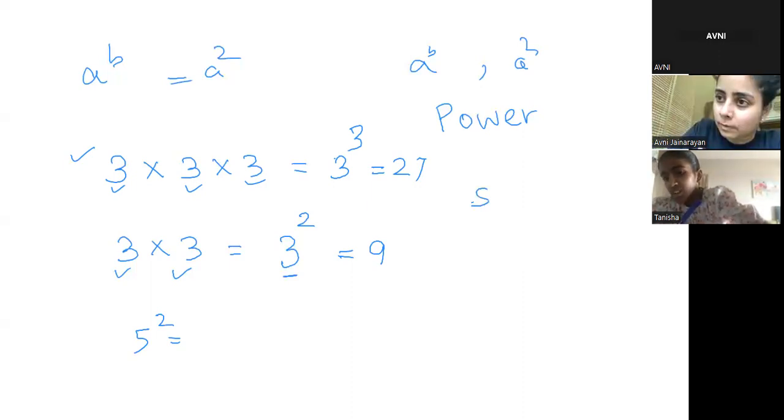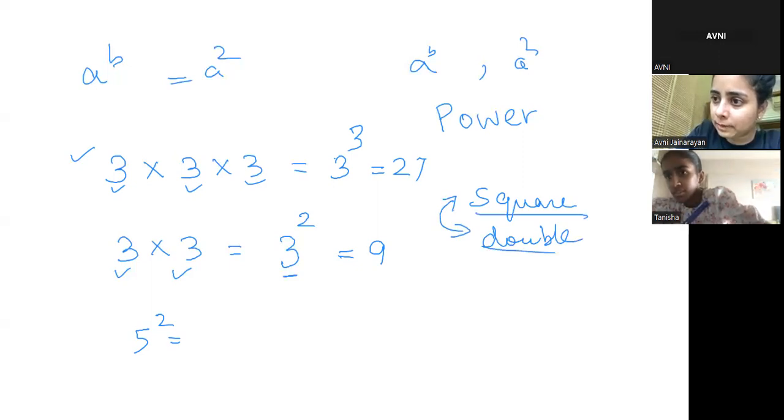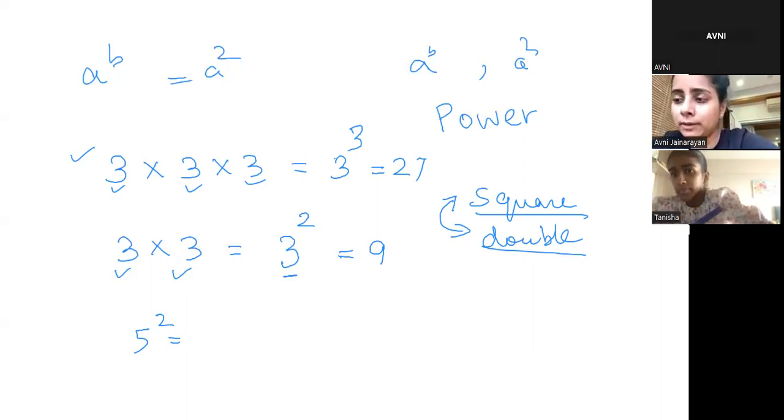5 into 5. Yes. Now, ये जो names मैंने लिखा, square and double, you will have to pay attention to these terms. First you take down notes. अगर आपको कुछ लग रहा है, you need to write down anything. And then you also write squaring and doubling. क्या होता है square and double? Just write down square and double. ठीक है?